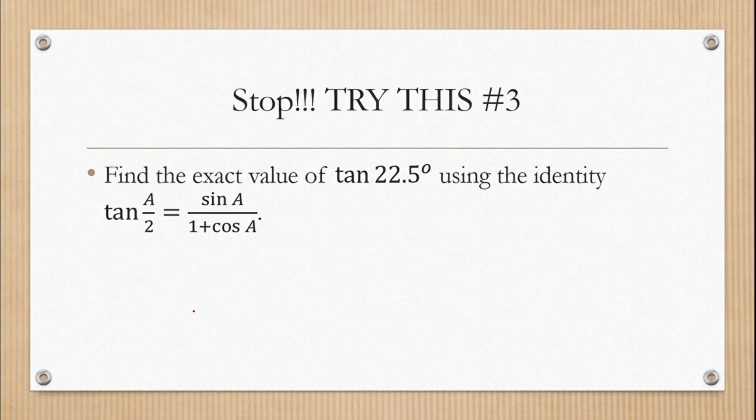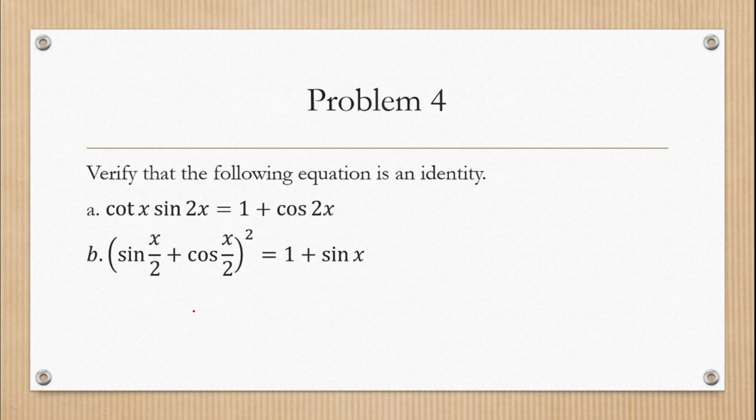So we are now in the last part. We have problem number 4. Verify the following equation as an identity, letters A and B. Let's have number 1.